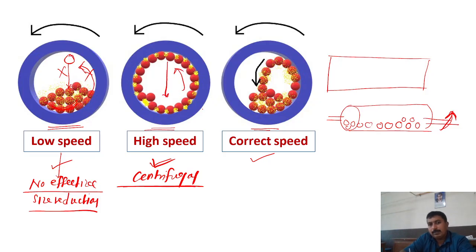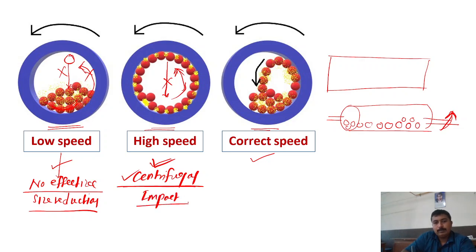Why? Because of high speed and centrifugal force. Centrifugal force is the force acting away from the center. The balls are lifted towards the top, but they do not fall to the bottom, and that's why impact will not take place here either.